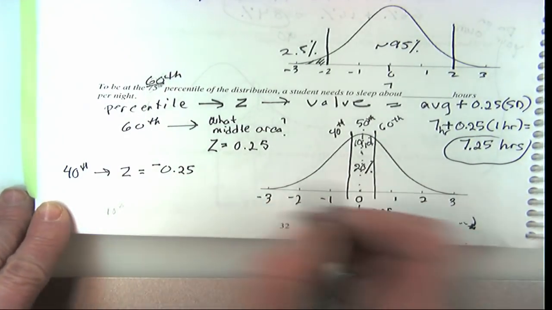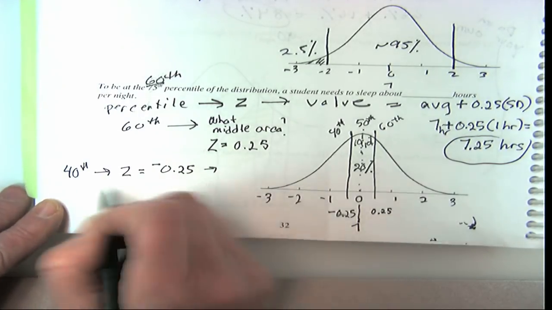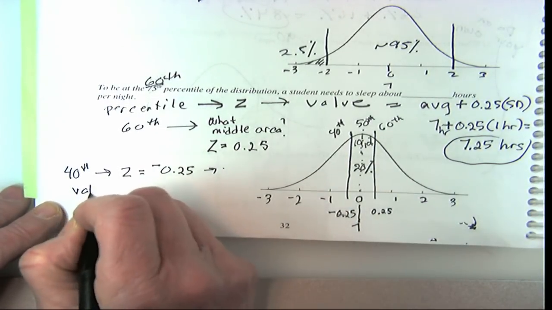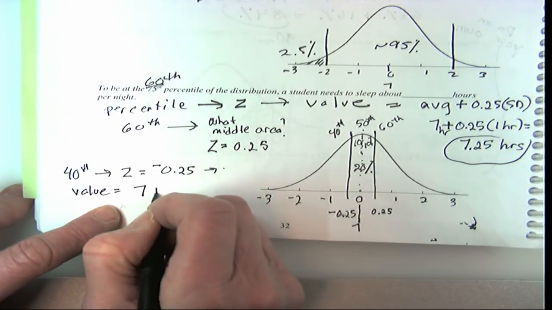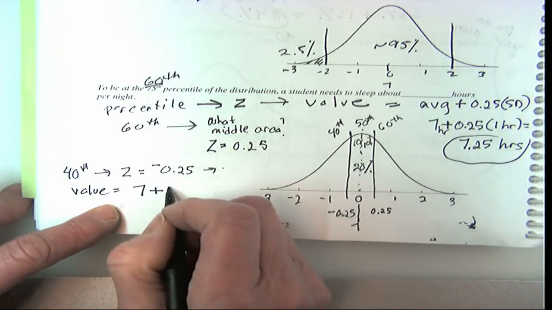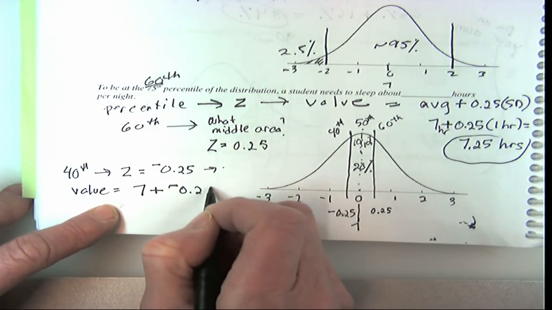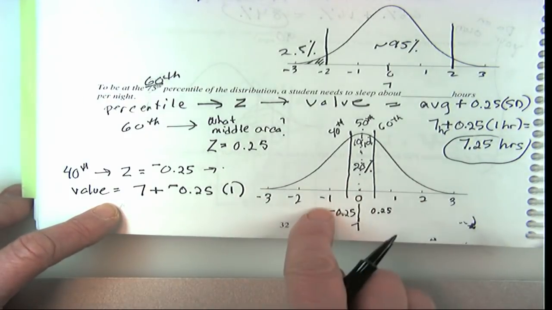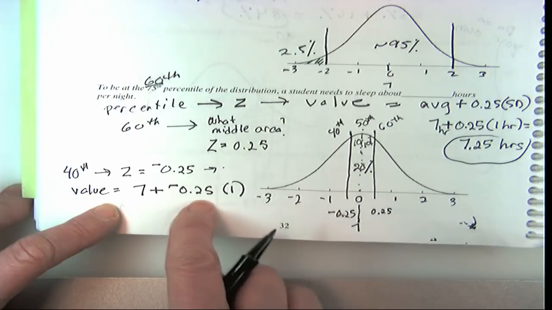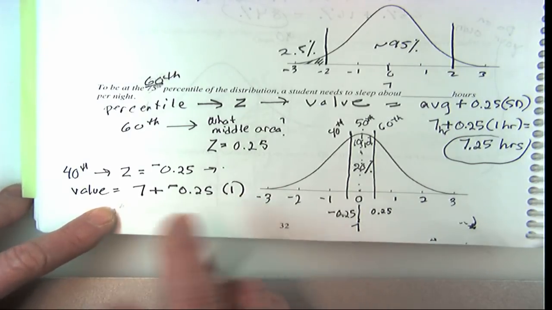And then my value would be what? Then my value would equal, I'd start at the average and add negative 0.25 times 1, or subtract that instead of adding, because it's negative. It's the average plus z times the standard deviation.